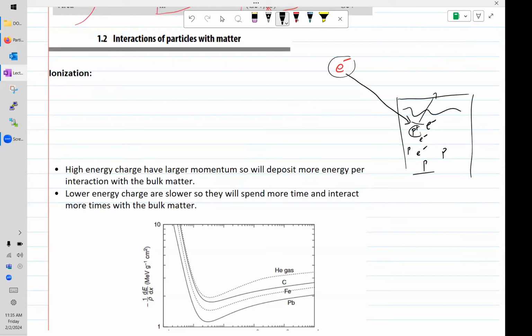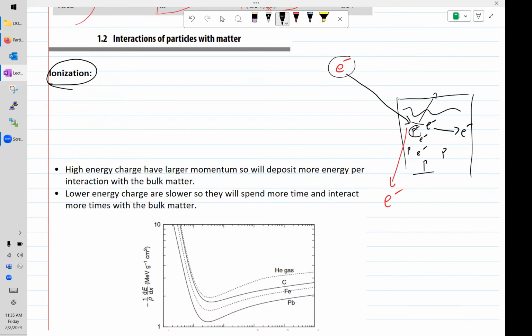Okay. What happened is that the red electron maybe bounces off this way. The black electron, you can't really in real life tell the difference between them, is going to gain some energy and can maybe get bounced off, basically removed from the atom that it used to be bound to. This process is called ionization.